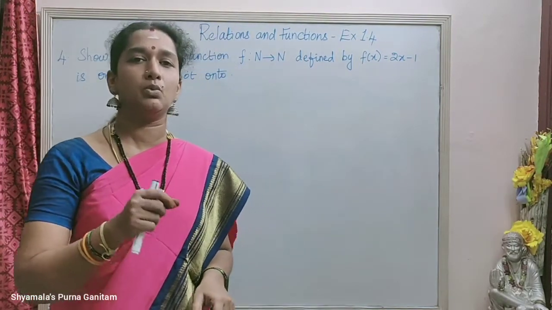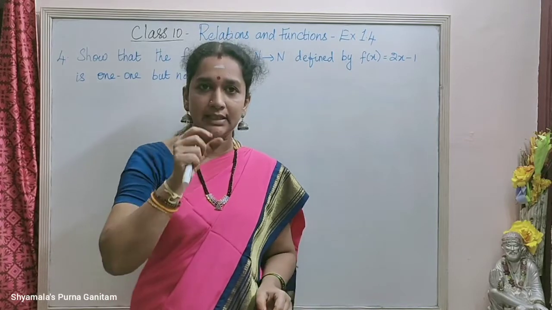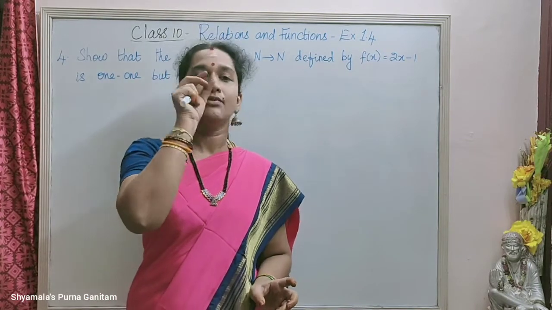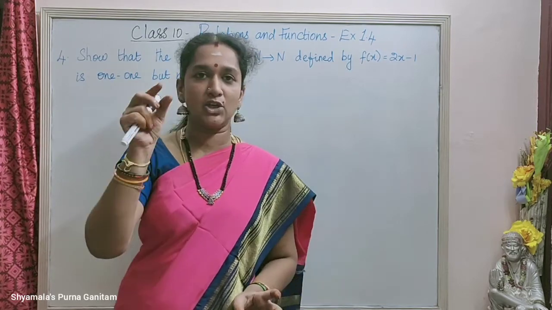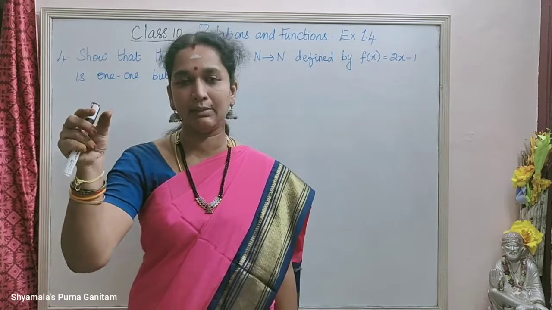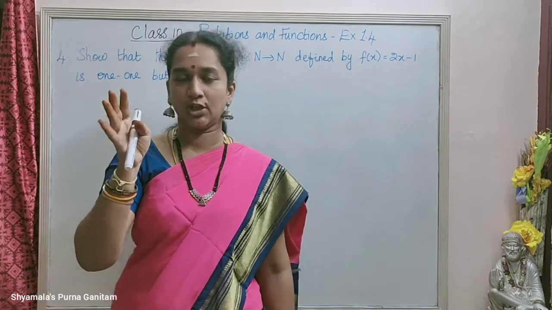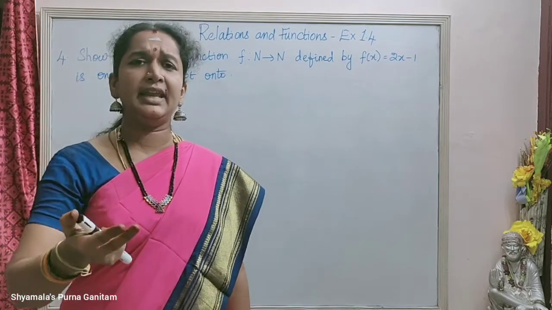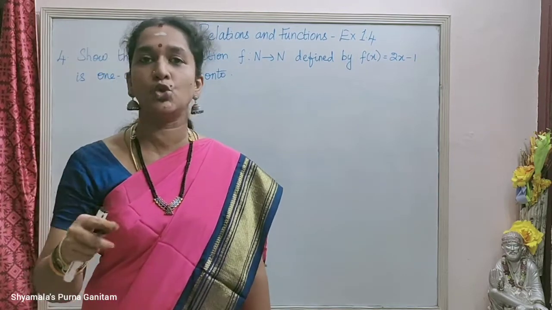We are asked to show that the given function is one-to-one but not onto. What is one-to-one? Every element in A is connected to only one element in B through some function. Onto means the range and the codomain values should be equal.